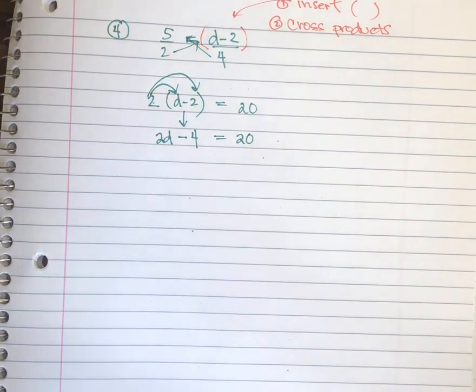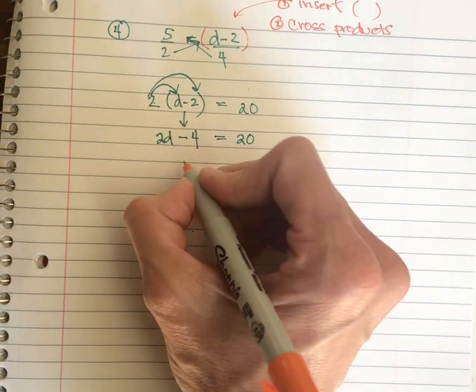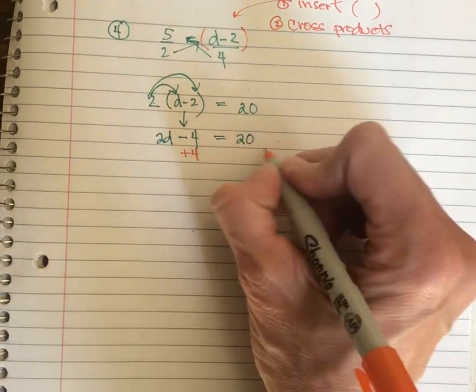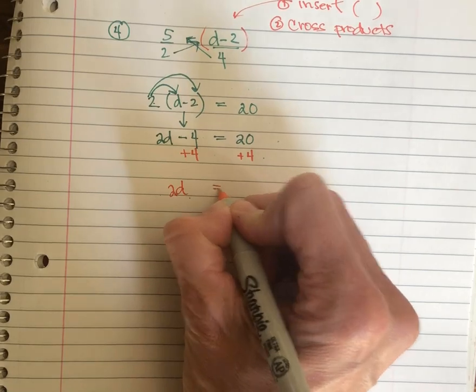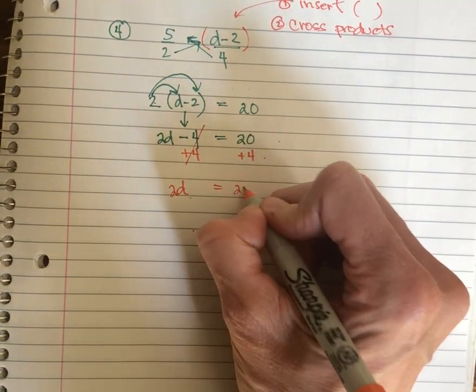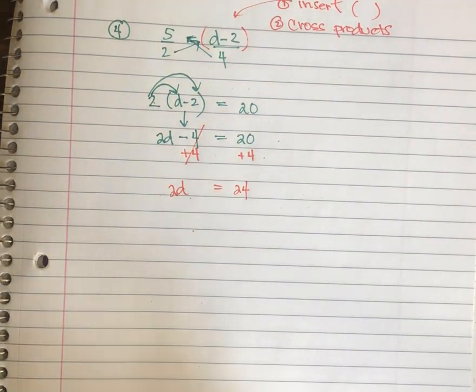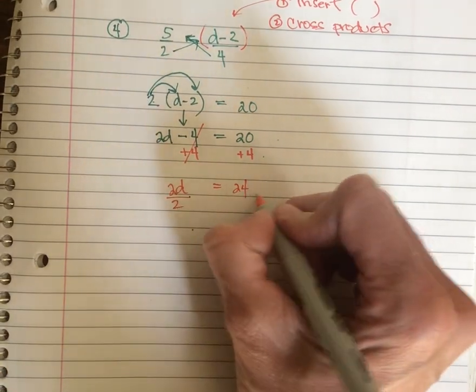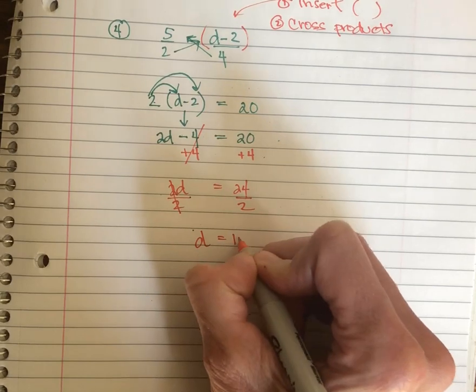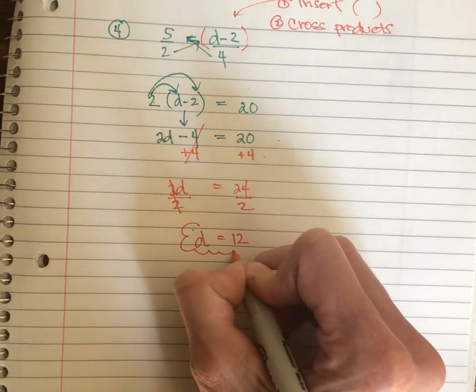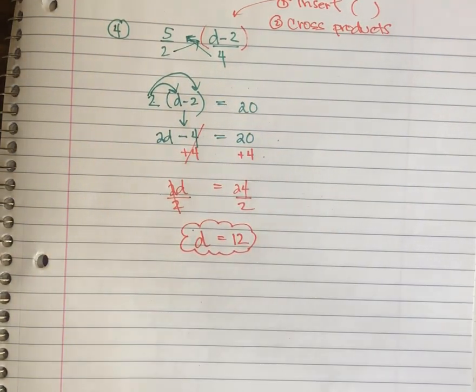Now we have a two-step equation that we already know how to solve. We undo addition and subtraction first, so add 4 to each side, and I'm left with 2D equals 24. Then we undo multiplication and division, so divide by 2, and we get D equals 12. Let's try another one.